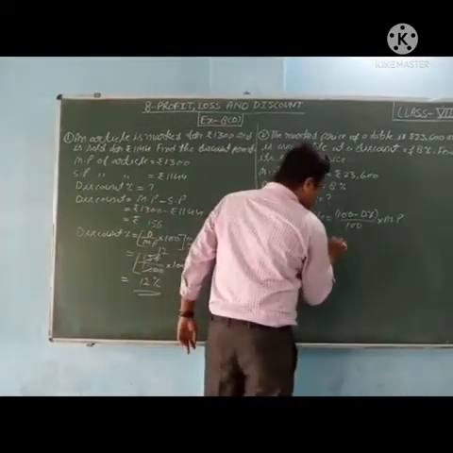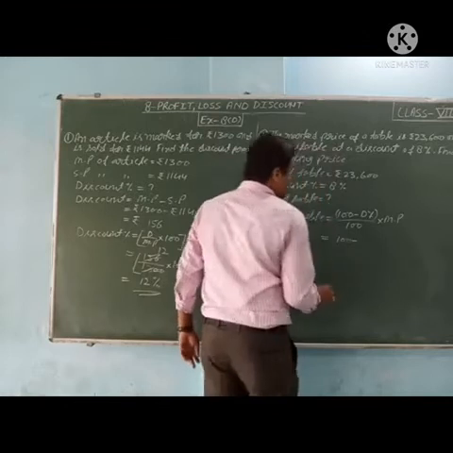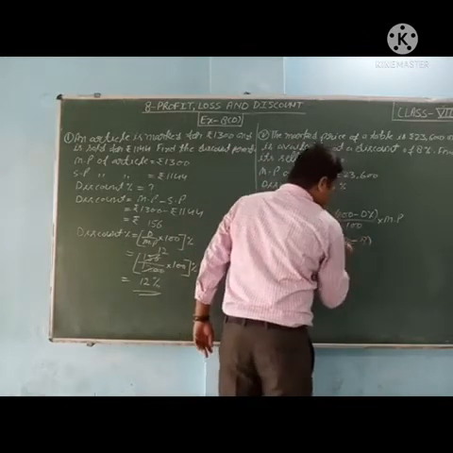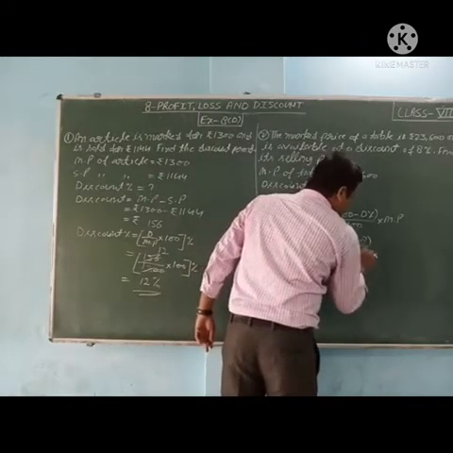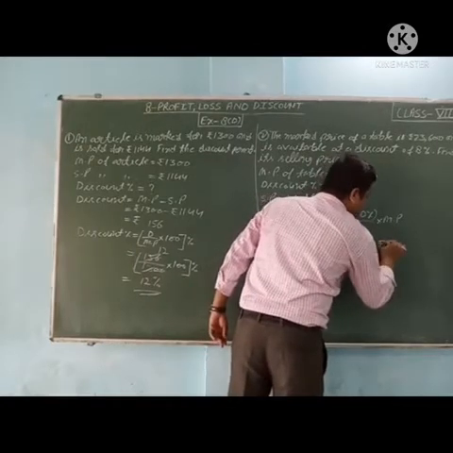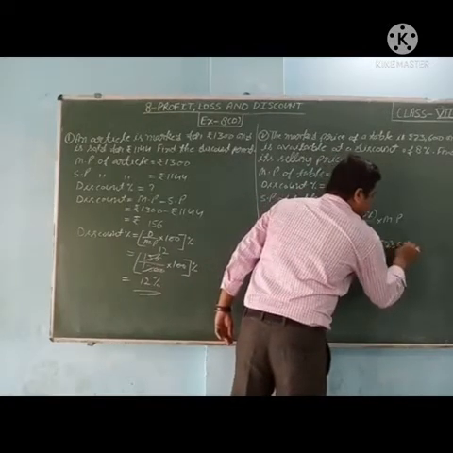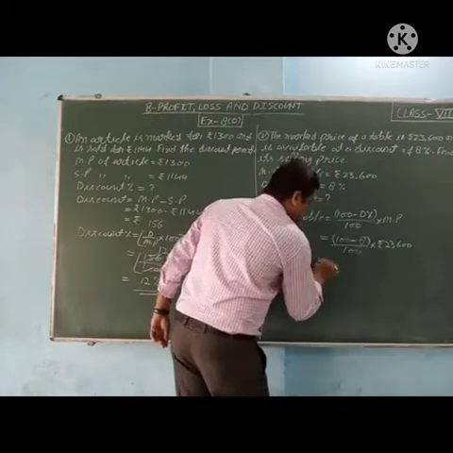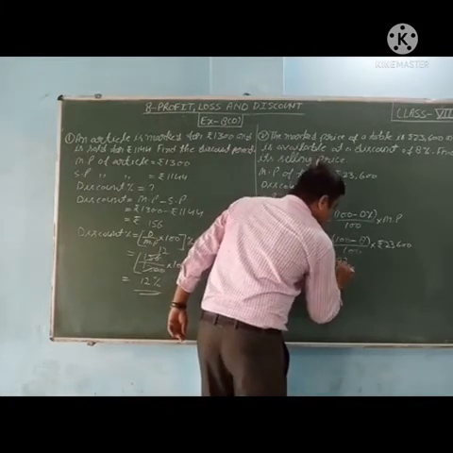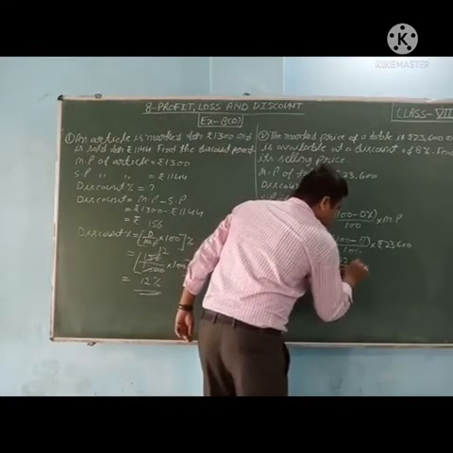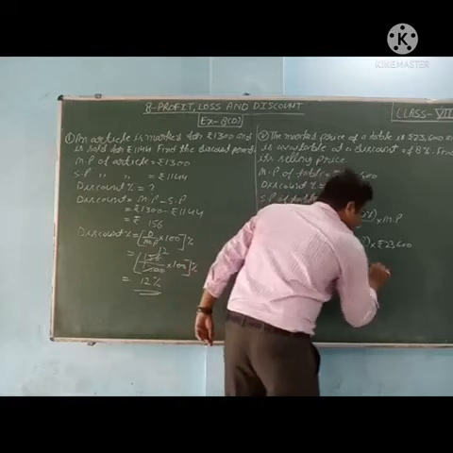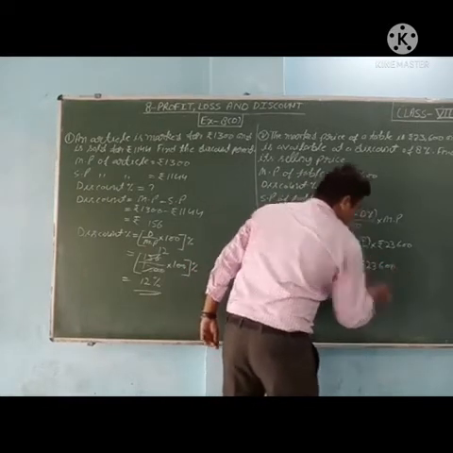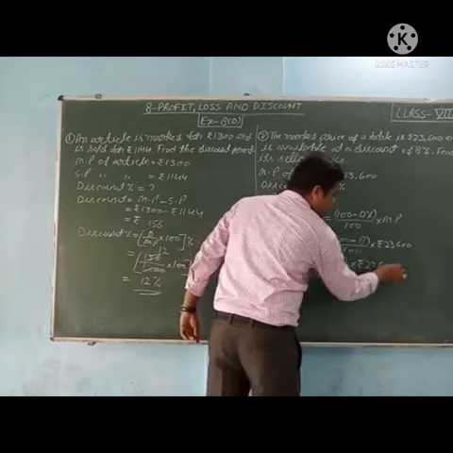Here it is 100 minus 8, so 92 upon 100 multiplied by mark price, which is rupees 23,600. Both the zeros cancel.